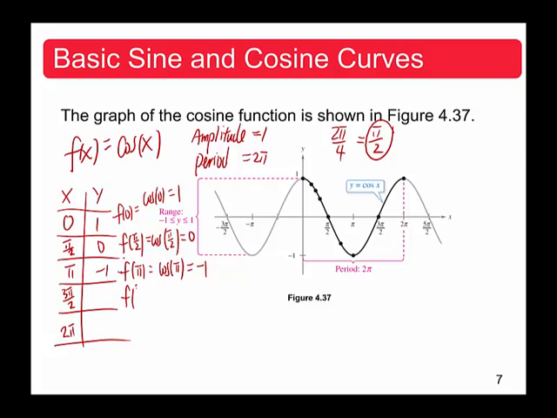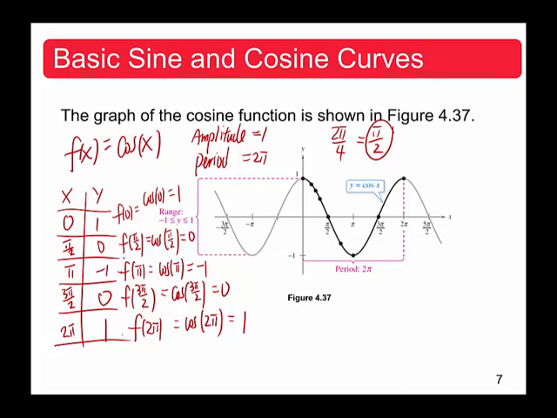And then f of 3 pi over 2, cosine 3 pi over 2, equal to 0 again. And now f of 2 pi is cosine 2 pi. You're adding one cycle, one revolution to the starting point, so you still get 1.